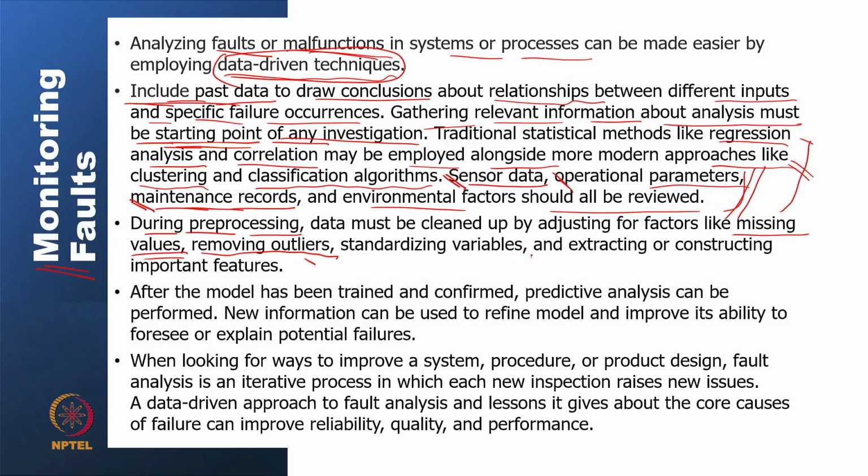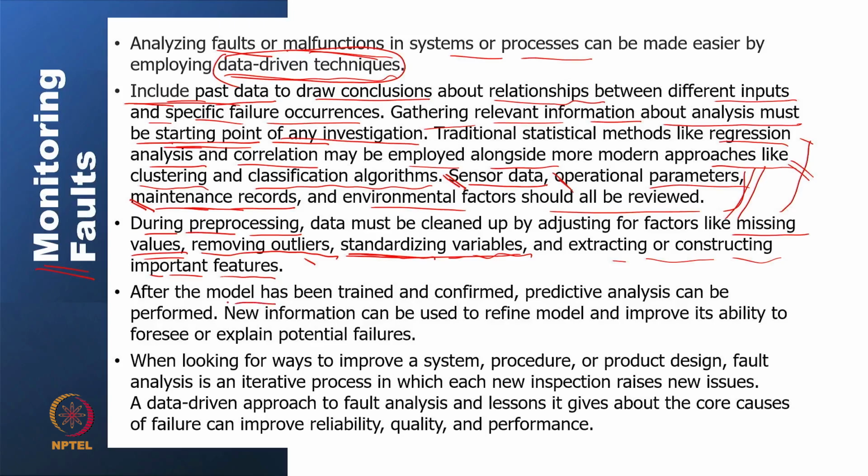And for every variable, as in the last PCA lecture also mentioned, we need to go ahead with standardization, because we are not going to deal with only one variable, we are dealing with many variables. Whenever there are many variables, standardization is a must. And then if there are any constructive features coming out of that, or maybe a new feature which needs to be diagnosed, that needs to be highlighted.